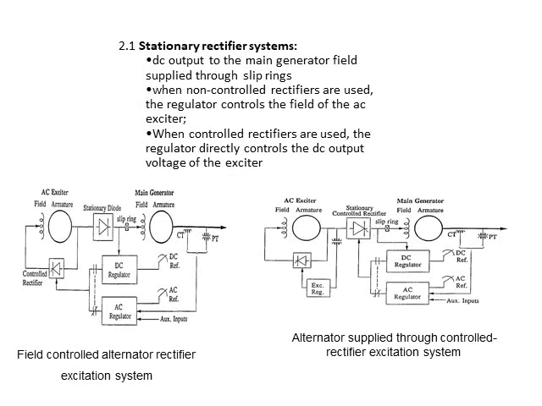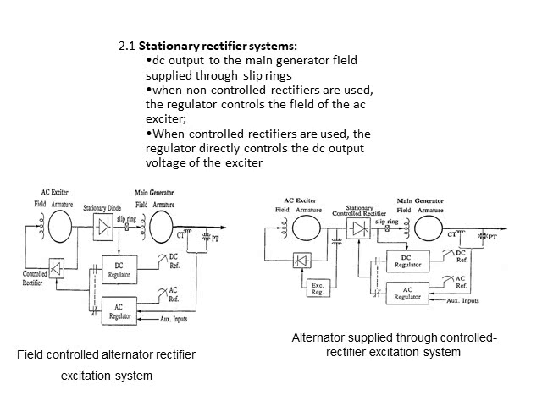Then we have the stationary rectifier system. In this system, the DC output to the main generator field is supplied through slip rings. When non-controlled rectifiers are used, the regulator controls the field of the AC exciter. Very important: when non-controlled rectifiers, where we are using diodes, are used, the regulator controls the field of the exciter.